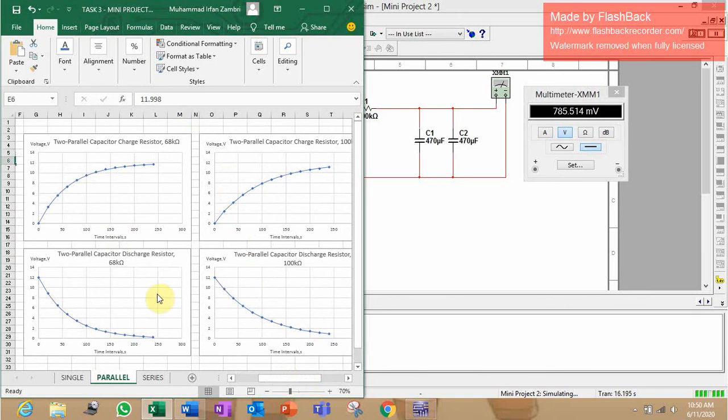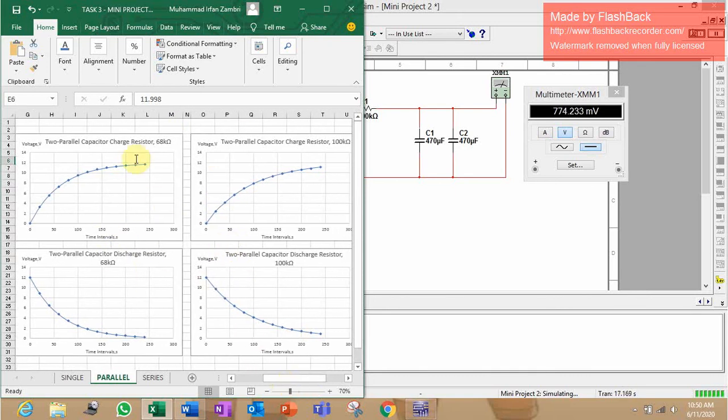So this is the graph obtained from the result for 68 kilo ohm and 100 kilo ohm for charging and discharging. This is the graph result.